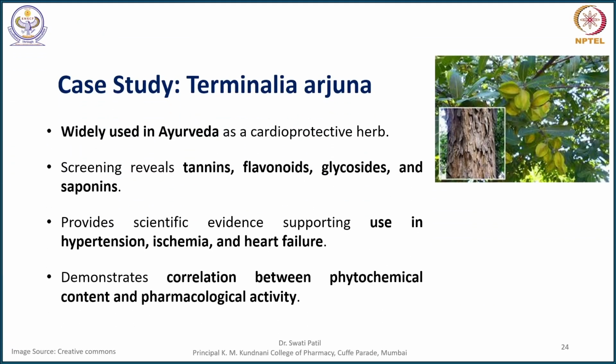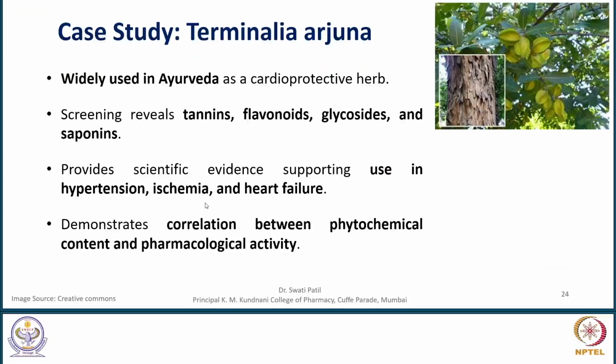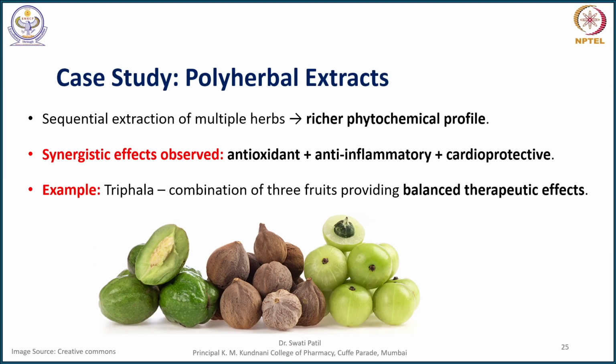For example, when we are trying to screen Terminalia arjuna, a cardioprotective herb, it has cardiac glycosides, tannins, and flavonoids. So, all these three can be detected with the help of the phytochemical tests which we just mentioned.